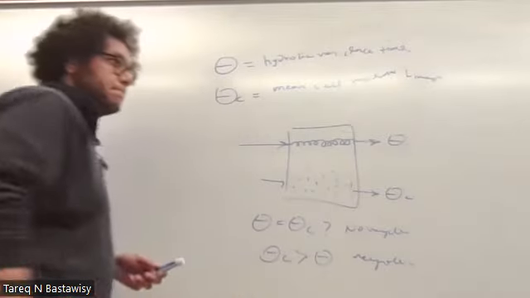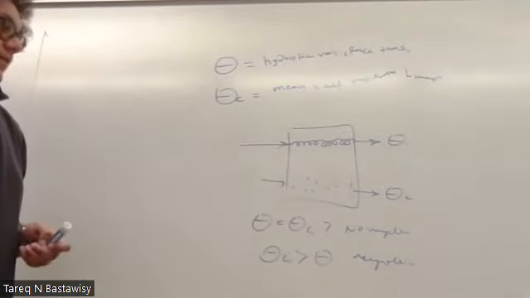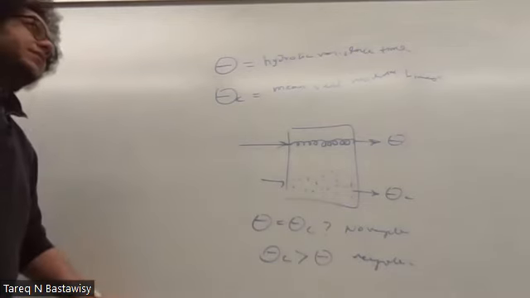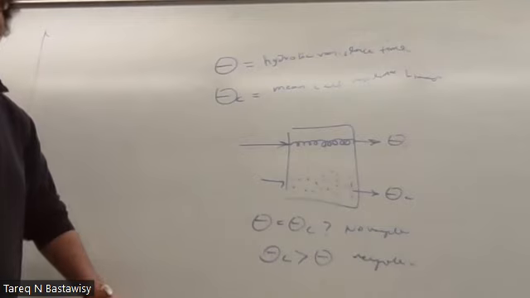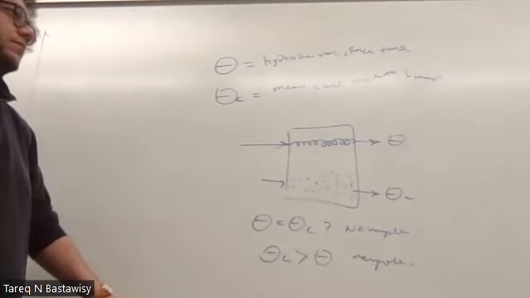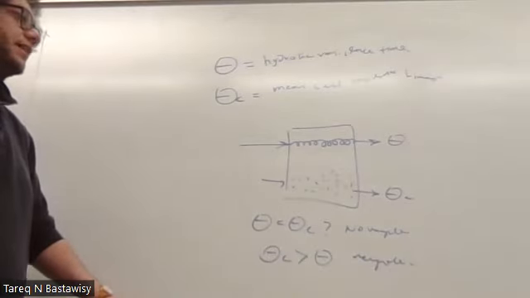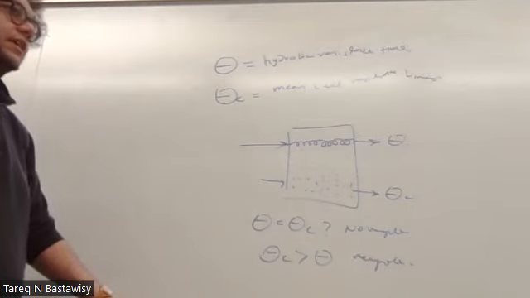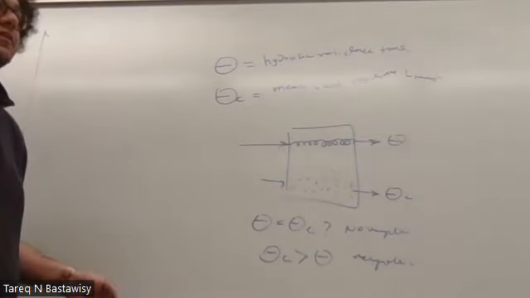Theta C will never be less than theta. As long as you have recycle, it will be greater than the hydraulic residence time. I can't imagine a scenario where theta C would become less than theta, maybe if the concentration of biomass is very dilute.